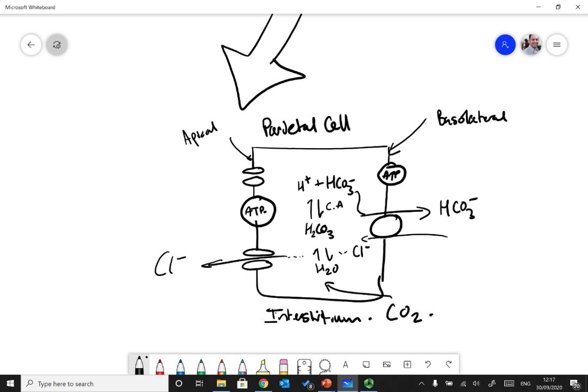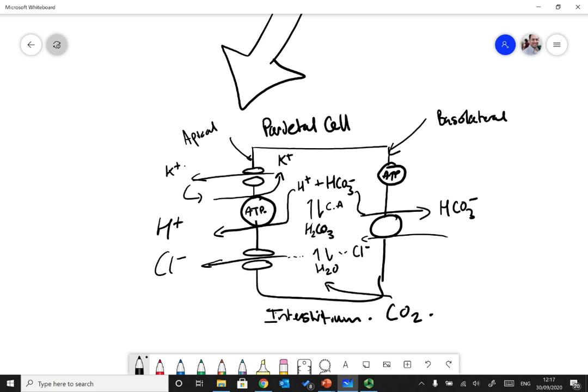I said we got a proton pump on this side. That proton pump will take that proton away, and it will bring a potassium in the opposite direction. But we've also got a potassium leakage channel, which takes the potassium out to allow the cycle to continue.